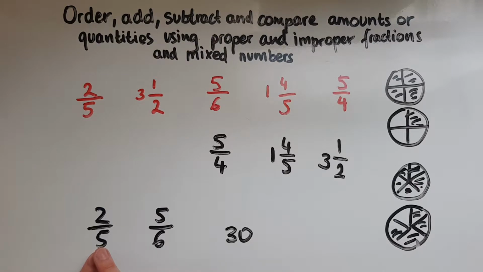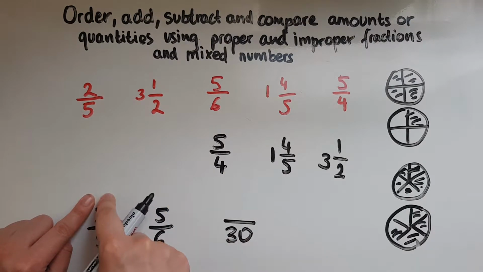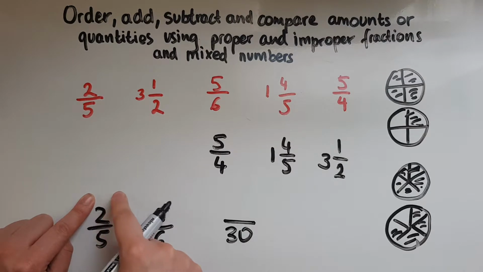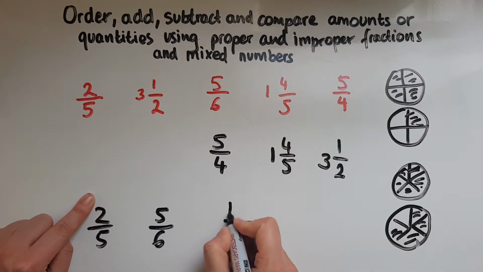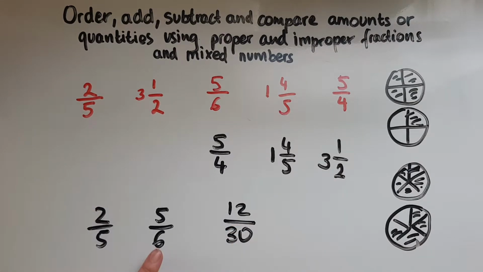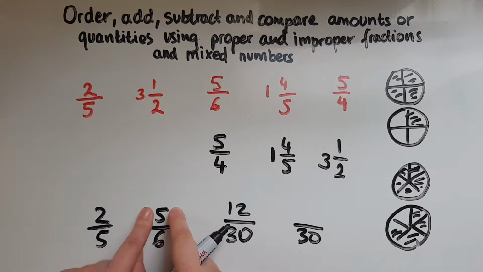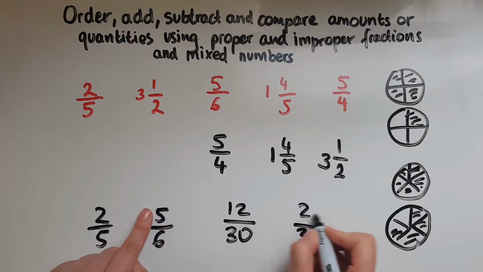So 5 lots of 6 or 6 lots of 5 give me 30. So I multiplied 5 by 6 to give me 30. So I need to do the same to this number at the top to keep the fraction the same. So 2 times 6 will give me 12. And in order to bring the 6 to 30, we multiply by 5. So we'll do the same to the top number. 5 times 5 is 25.